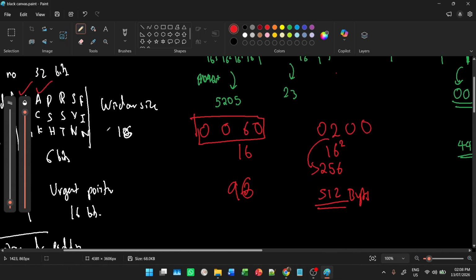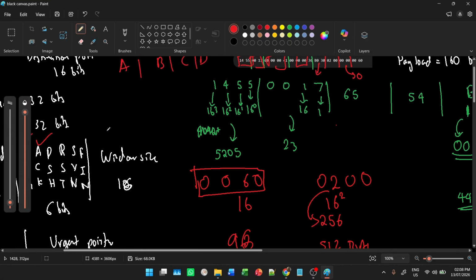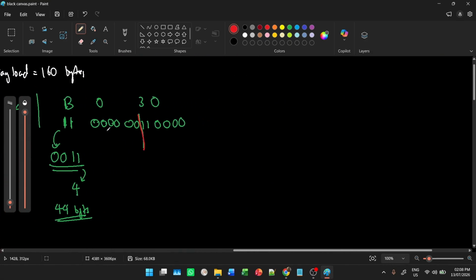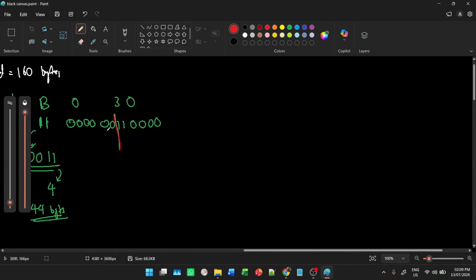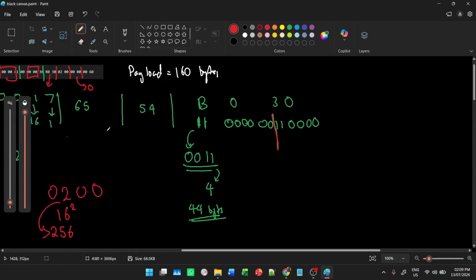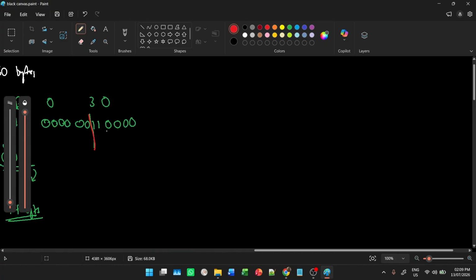So now, they will give you a question, something like, since you know everything, draw the urgent pointer with the control field and everything, with the sequence number. So what's the sequence number? As you know, sequence number was 65. So we are starting off with the 65th sequence number, right? Payload is 160. So if it's 160, the acknowledgement will be sent.